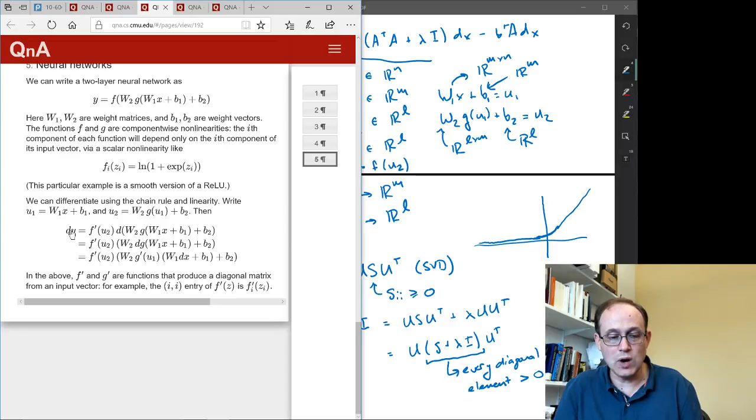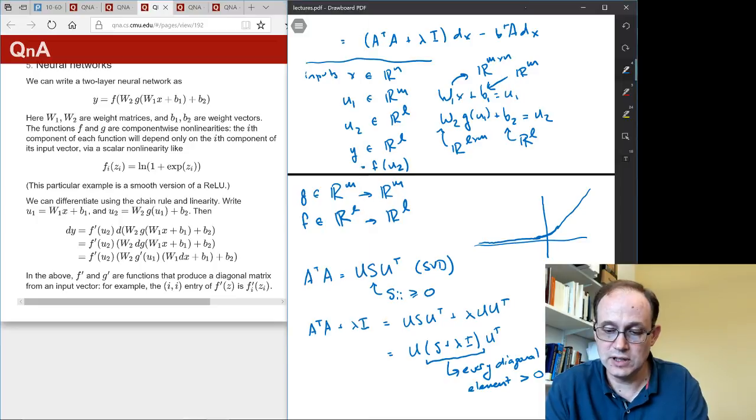So dy by chain rule: y is f of u2, so dy is f prime of u2 times du2. And then d goes in through the linear operation, so W2 dg of this, plus b2 should vanish. I apologize for that.